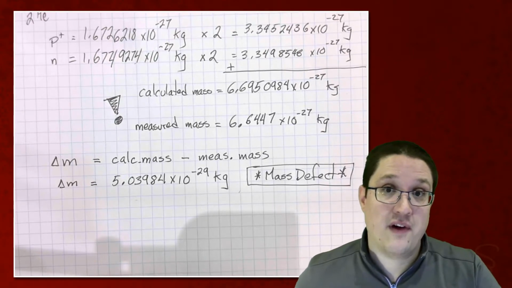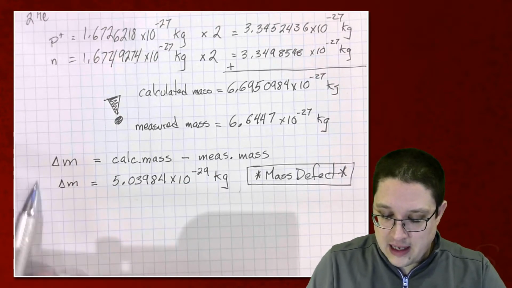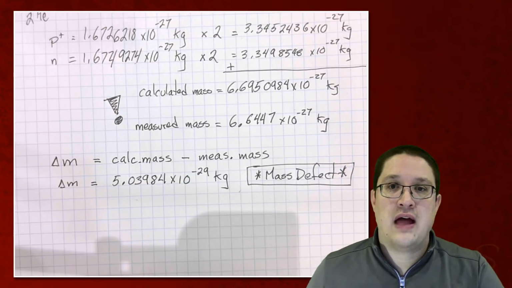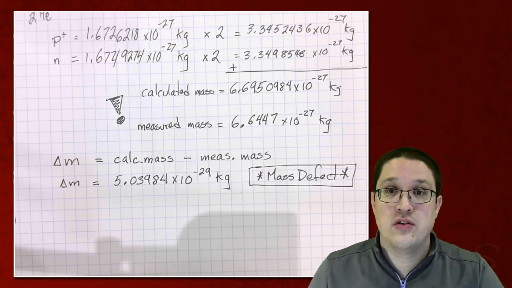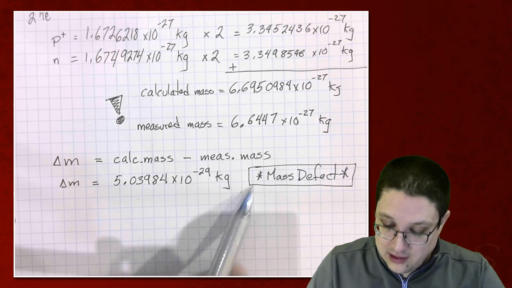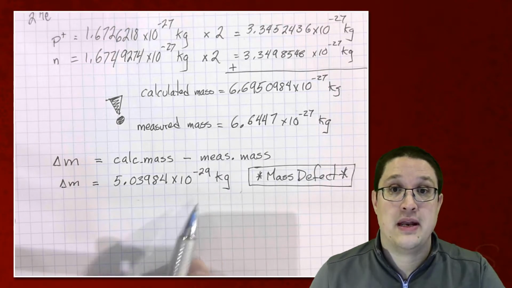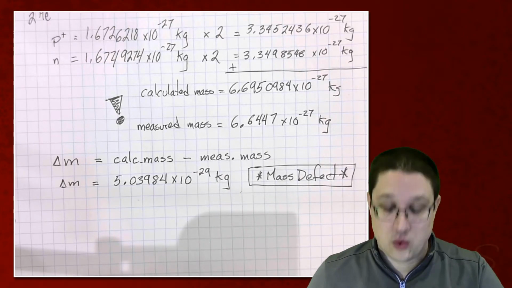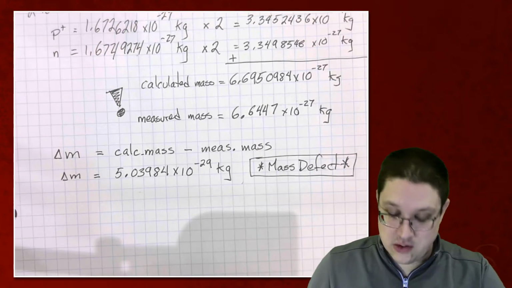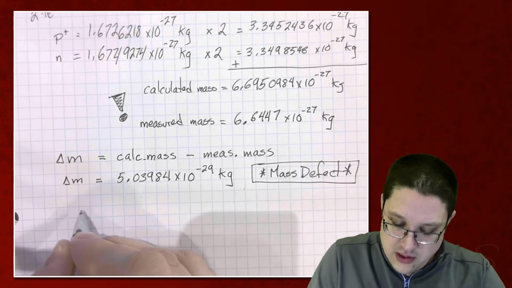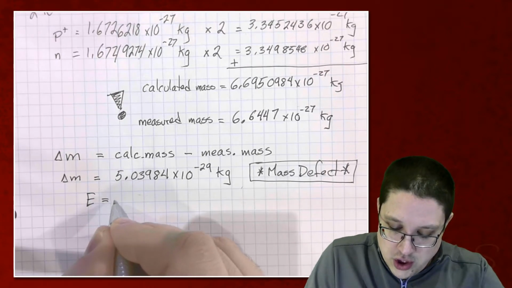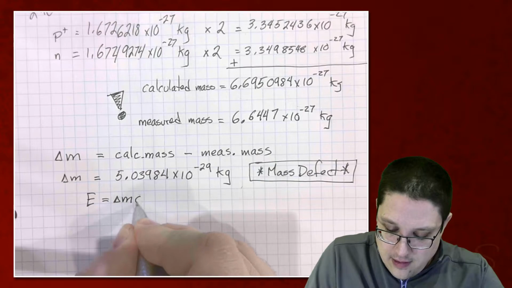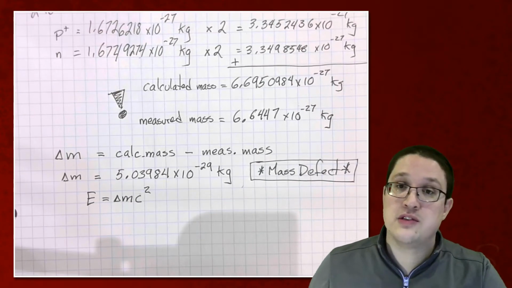Now, here's where we get fun. This mass, we can convert to energy. We have a way to convert how many kilograms of mass I have to how many joules of energy that is equivalent to. And this is where we get to use probably the most famous formula in physics, E equals mc squared.